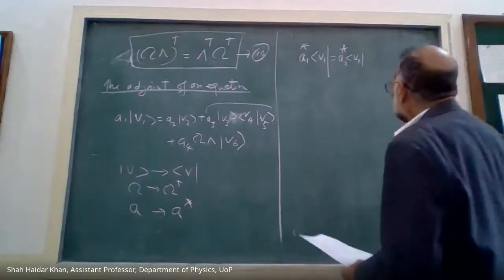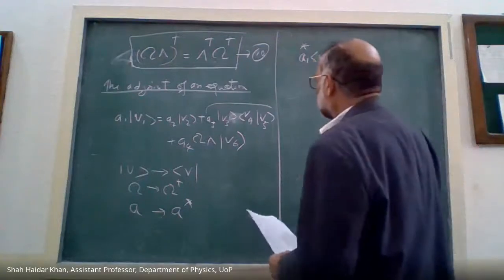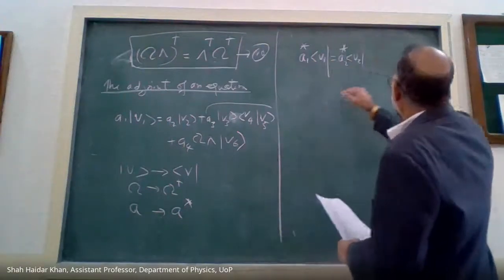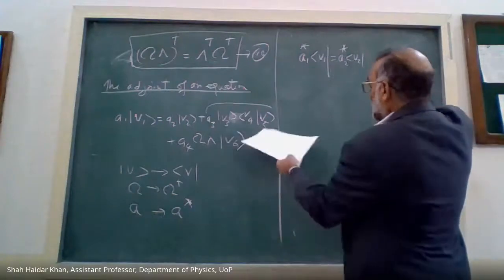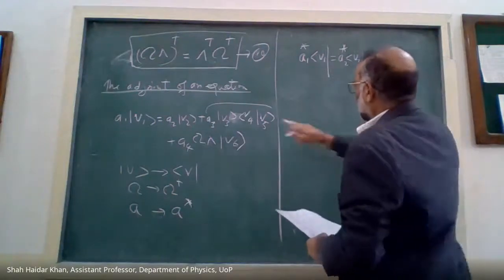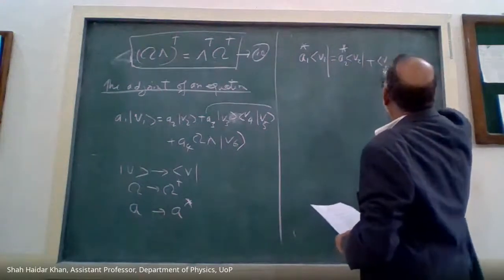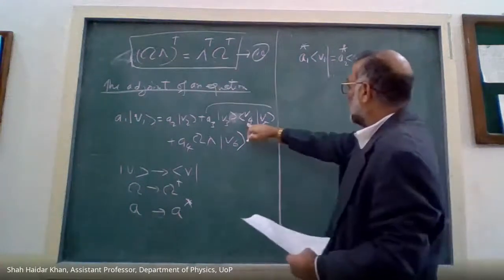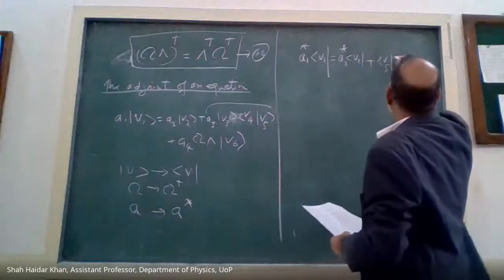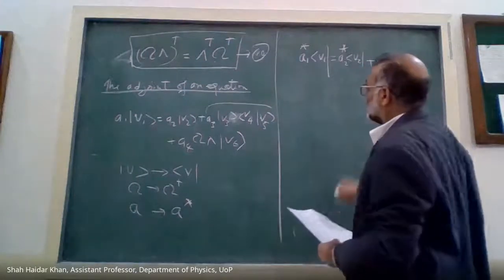So we will write it like this. V5, we will write first of all this thing. Plus, and this will be changed from ket to bra. So V5. Then there is a bra, so we will make it ket, V4 ket.